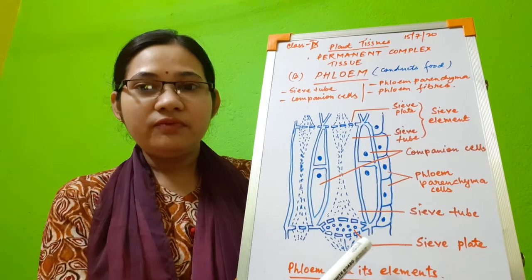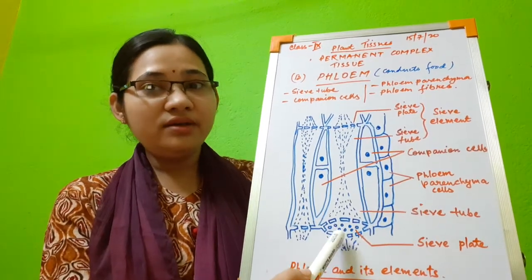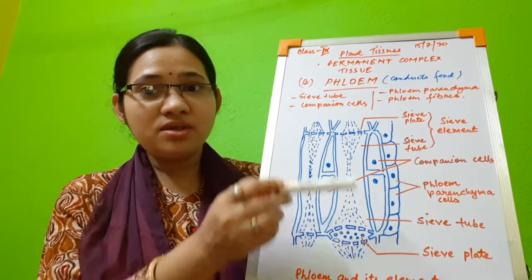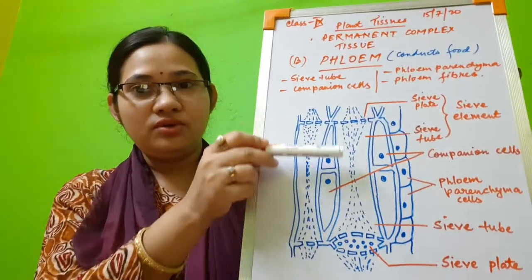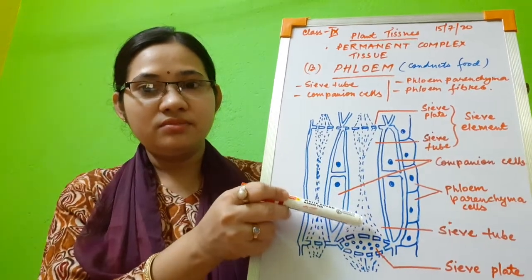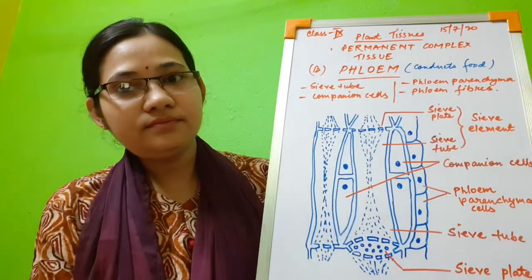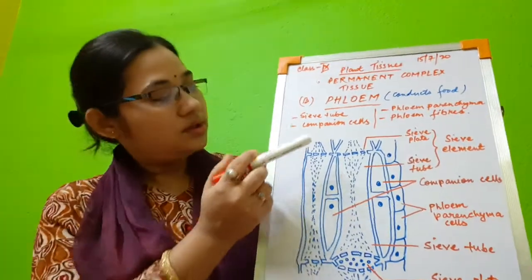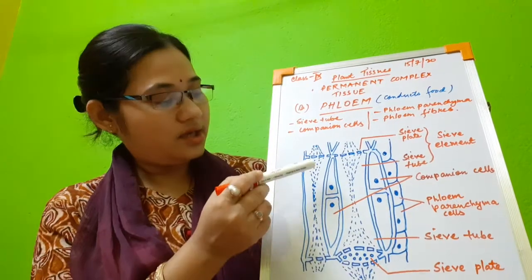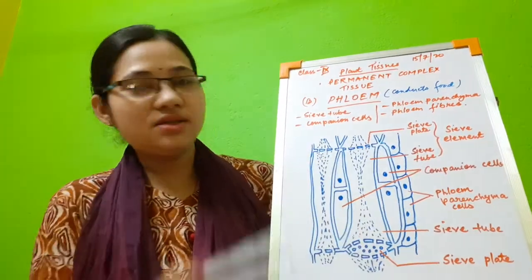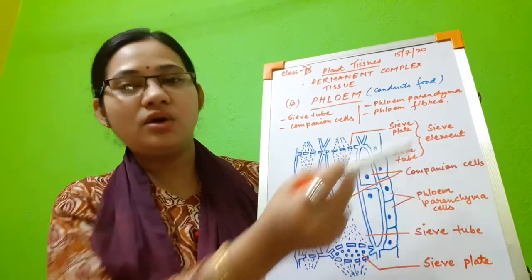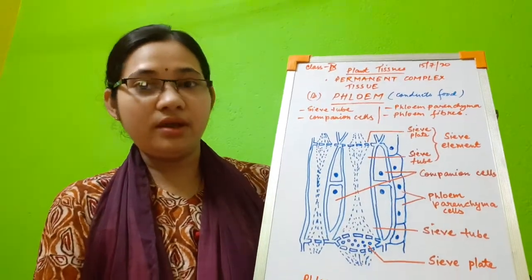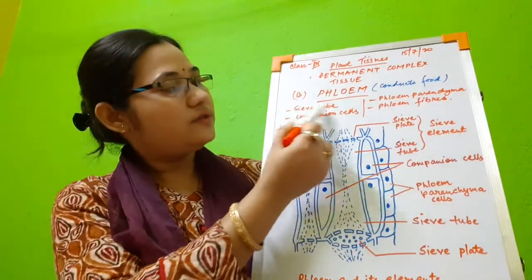These sieve plates have pore-like structures through which soluble organic substances can easily flow, along with cytoplasm. Got it? These are the sieve tube cells and these are the sieve plates. Together, the sieve tube and the sieve plate are called the sieve element.